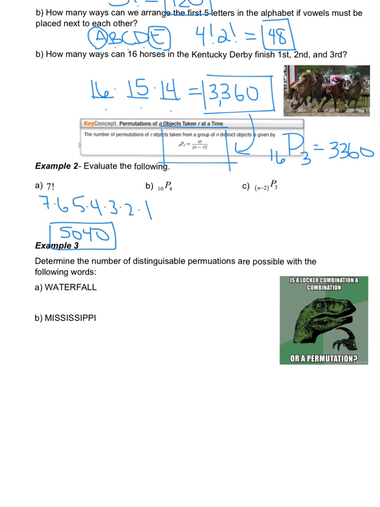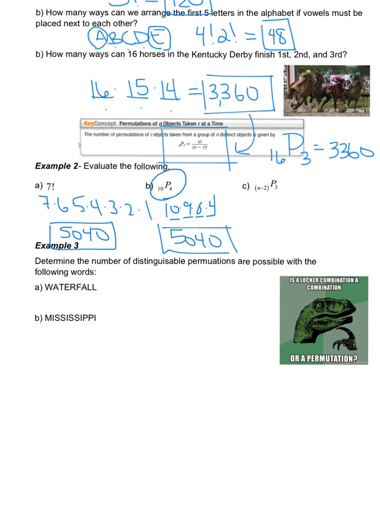When we have a problem that's a little more significant, where we have this notation, we know there's 10 objects and we care about 4 spots. It's really similar to the horse question up above. We start with 10 objects, and we go out 4 spots. We wind up with 5,040 different options here.